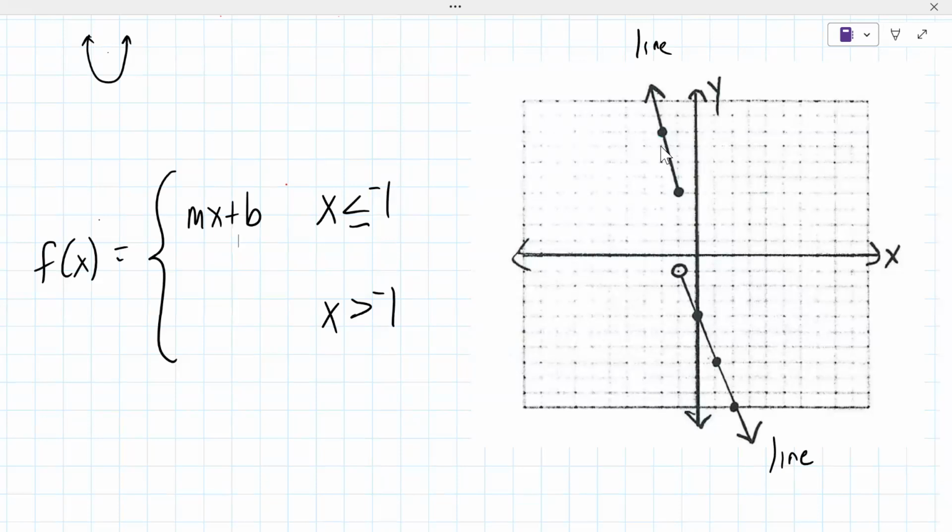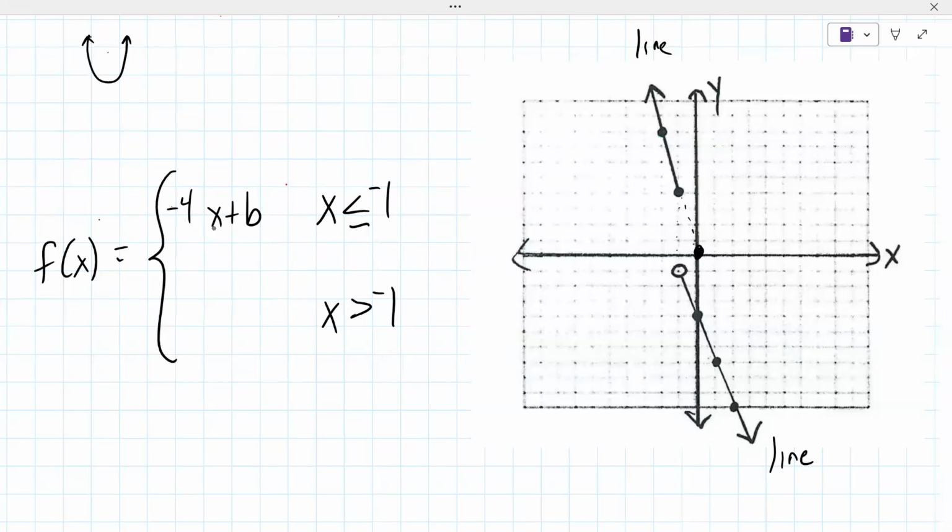Yeah, 4/1. Okay. It's down 4 though, and right 1. Is that a positive or negative slope? So -4. Okay. And then I know it's hard for you to do on your screen, but you could actually extend the line to see where it crosses the axis.